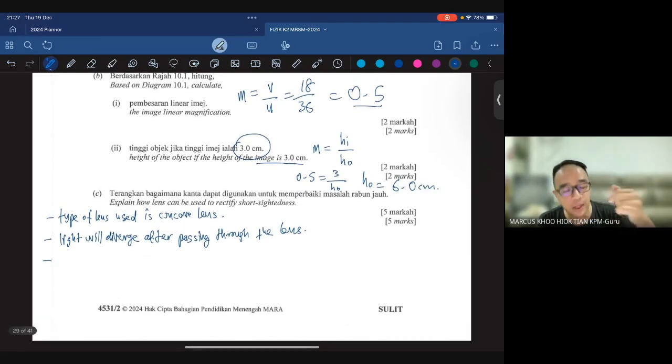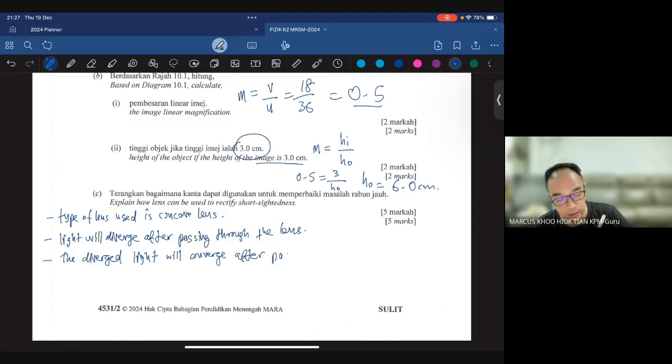Okay, so the light will diverge after passing through the lens. And then the diverged light will converge after passing through the eye lens.